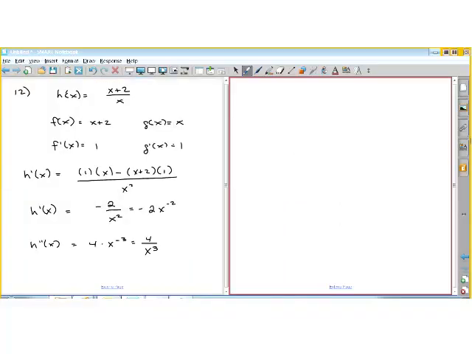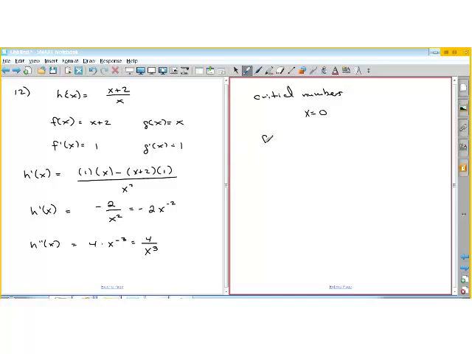So those are my first and second derivatives. So the critical numbers are going to be where this is undefined or 0. Well, there's no cases where it's 0 because the numerator is always 2. So where it's undefined, we're going to have a critical number at x equals 0.